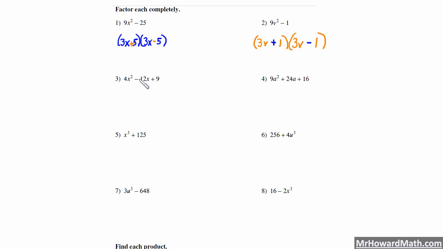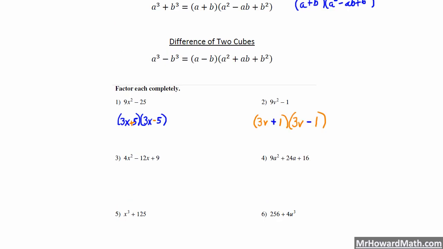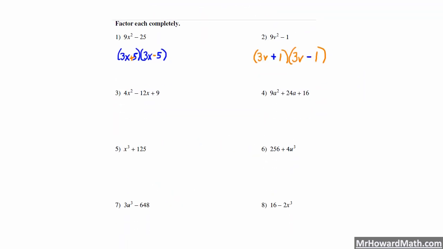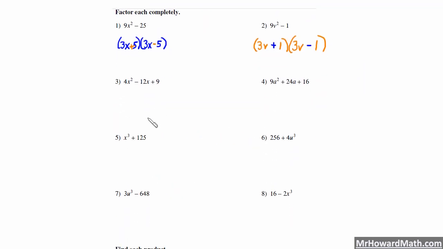Okay, so this one we have three terms here, so we automatically know it's not going to be the difference of two squares. We have a squared term here, so we know it's not going to be the sum of two cubes or the difference of two cubes. So that just leaves our perfect square binomial rules, and remember those were the top ones up here. Alright, so the next thing that we can do is look to see if the first term, the squared term, has a perfect square root, and if the last term, the constant term, has a perfect square root.